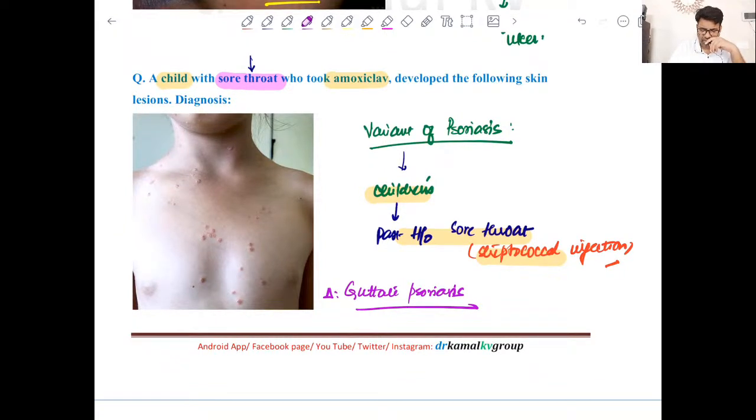Here you can see raindrop type of lesions, known as raindrop skin lesions. Clear? This is very important for diagnosis: children, past history of streptococcal infection. So this is Guttate psoriasis, which is one variant of psoriasis.